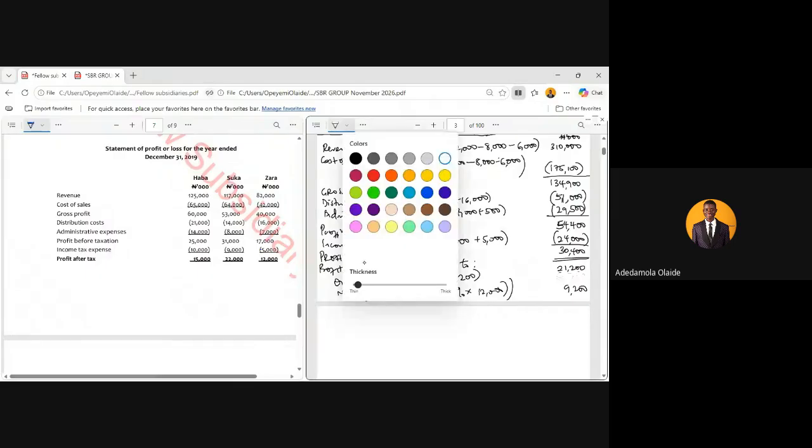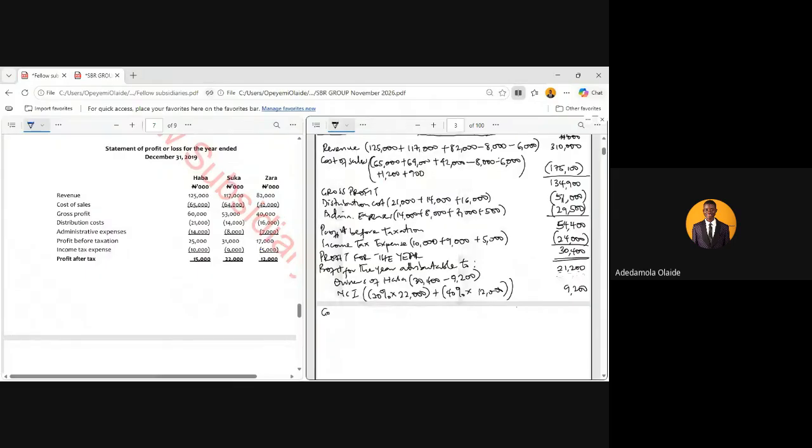Okay, having done that, we can now proceed to consolidation of statement of financial position. Consolidated statements of financial position as at 31 December 2019.